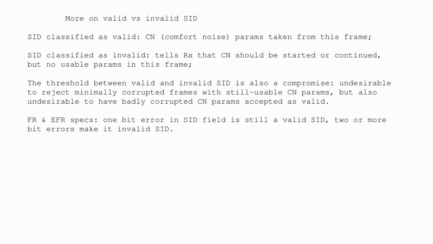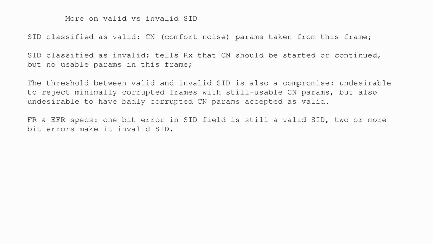And that's important because if it was just your regular BFI, let's say you got speech, and bam, you have a BFI, a completely corrupted frame, right? In that case, the decoder will invoke the ECU, the error concealment unit, that will try to act as if it was just a lost speech frame and try to hide the error from the listener.